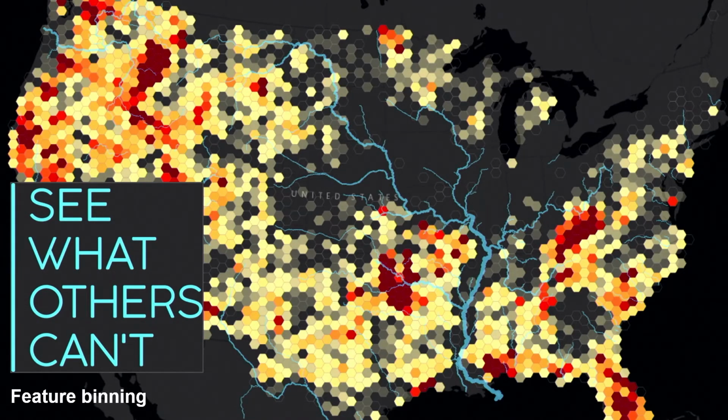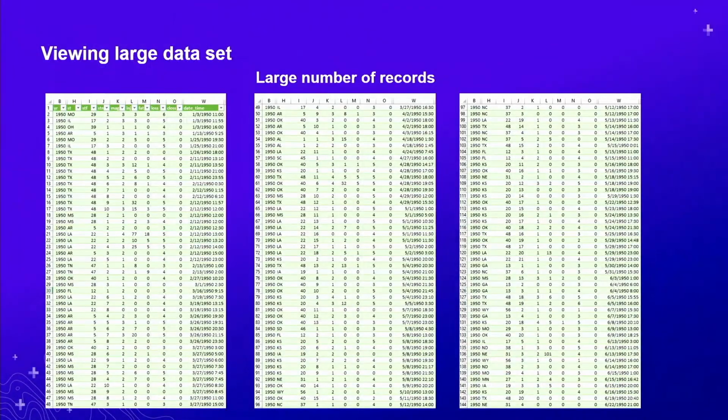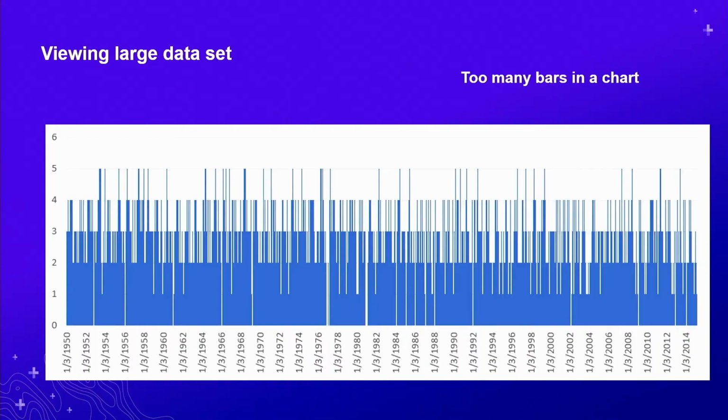Let's take a look at it. I'm looking at about 144 records of tornadoes ever recorded since 1950, out of about 30,000 or 40,000 records that we have. But it already looks overwhelming. Plotting them in a chart does not make much difference.